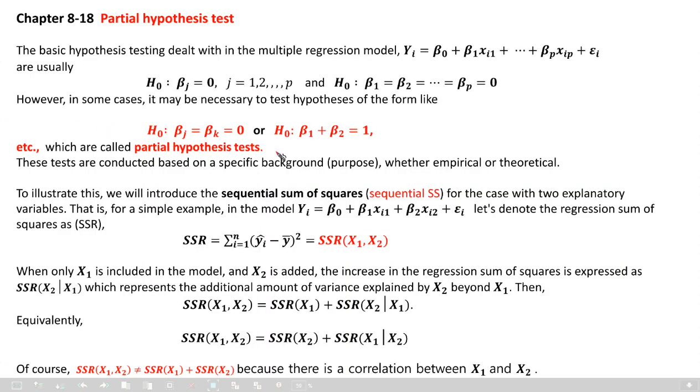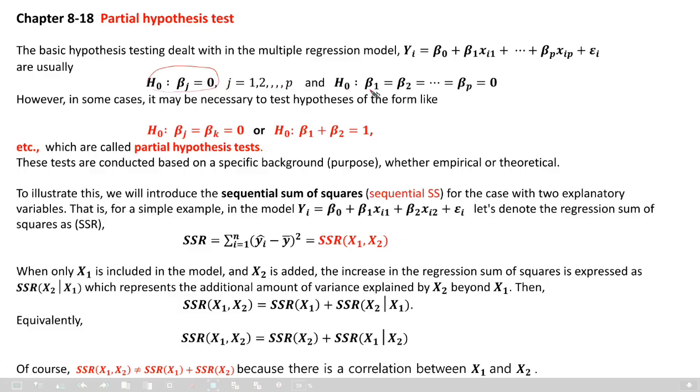The basic hypothesis testing dealt with in a multiple linear regression model, y equal to beta 0 plus beta 1 x1 plus ... plus beta p xp plus epsilon, is usually the null hypothesis beta j equal to 0 or not, for j equal to 1 to p. That is, is every explanatory variable necessary in the model or not.